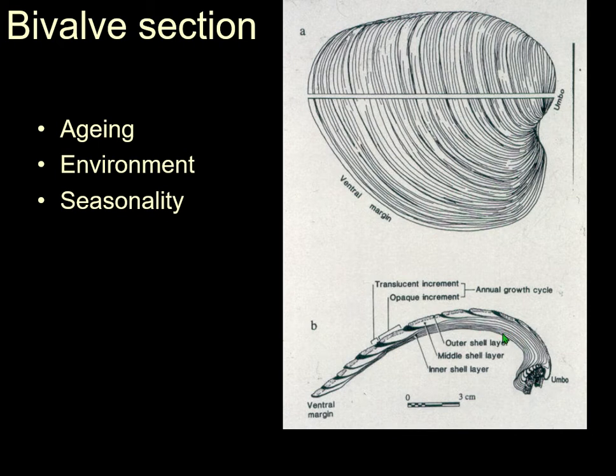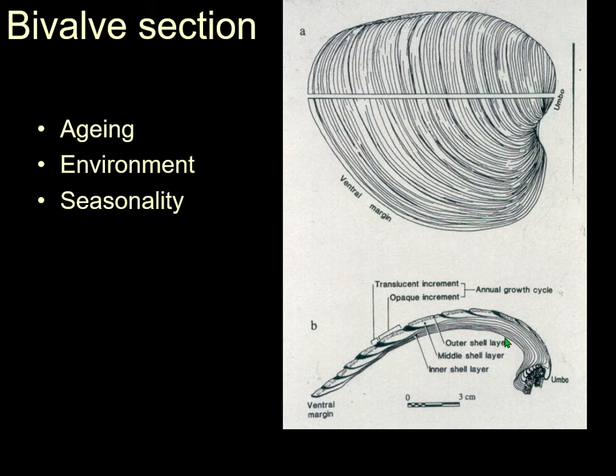You will often find there's a seasonal difference, so seasonality of when the thing died is relevant here. And so you'll be able to see that some seasons are better than others. Maybe a dry season or a cold season, there'll be less growth, and there'll be more growth in a more benign season.